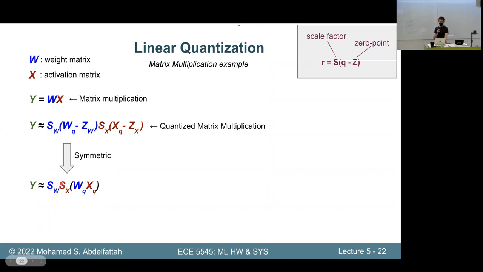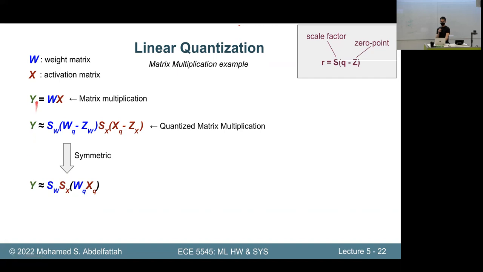And so James, to your earlier question, when you asked what happens to the numbers, where are they? The Y value doesn't change here, right? Because I am multiplying by those scale factors, but just the product of W and X now has a different range. It goes from, for example, 0 to 255. But I still have those scale factors here.